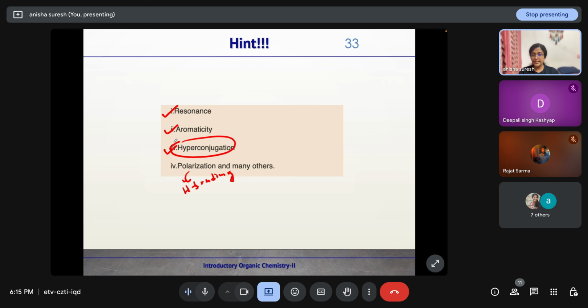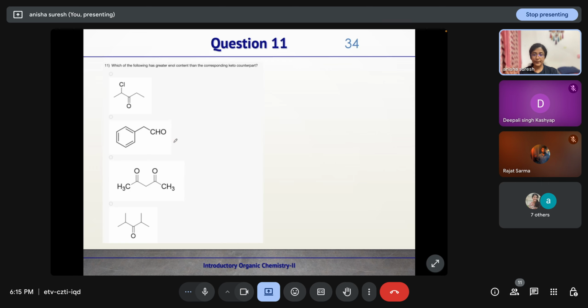When the number of alpha hydrogens is more, the equilibrium enol content will be more because of greater hyperconjugation.